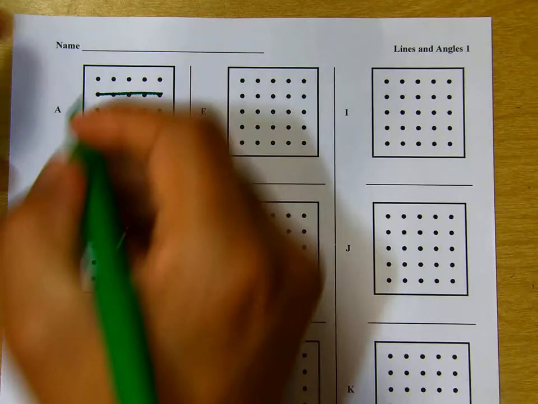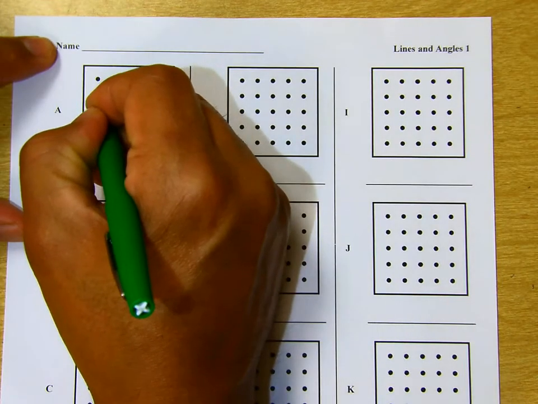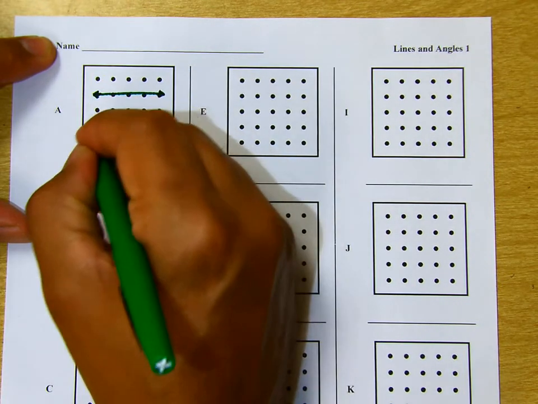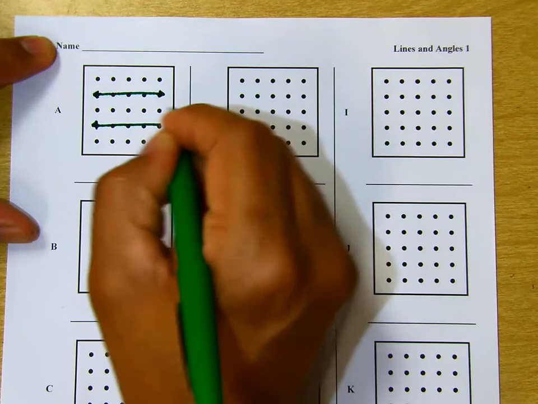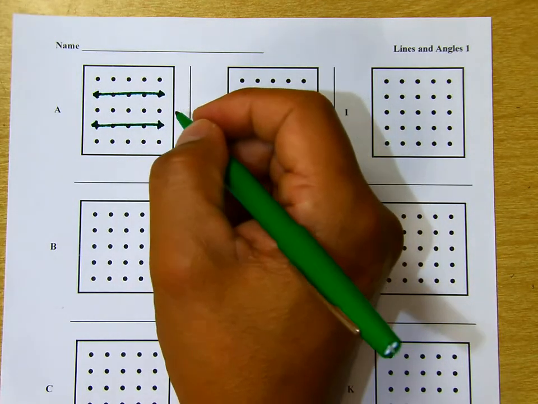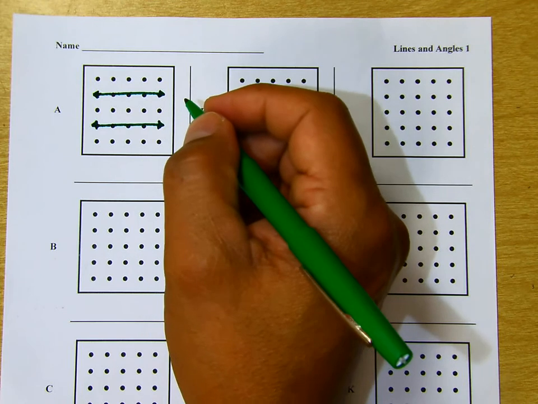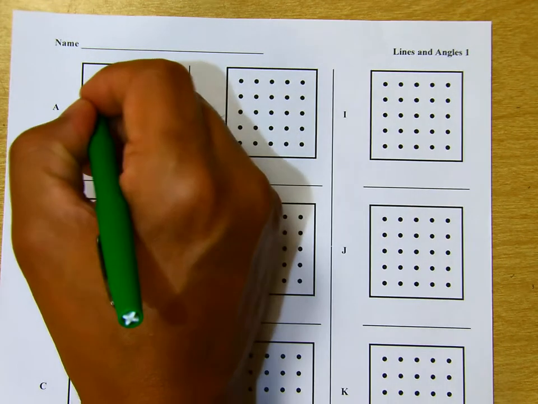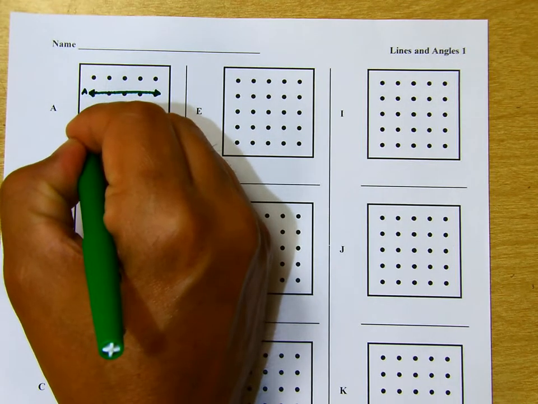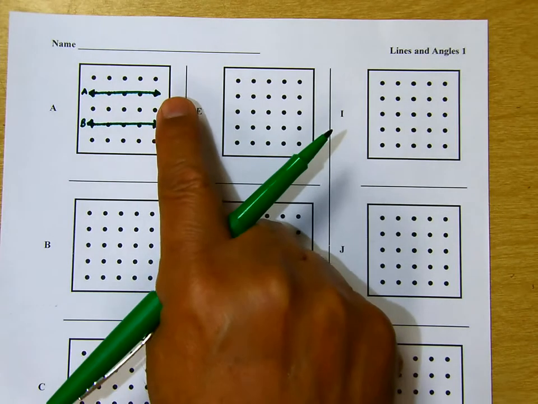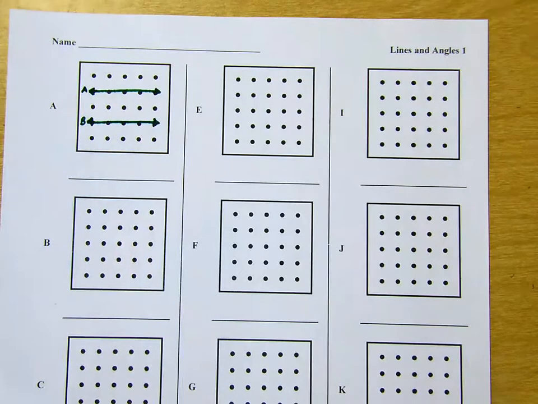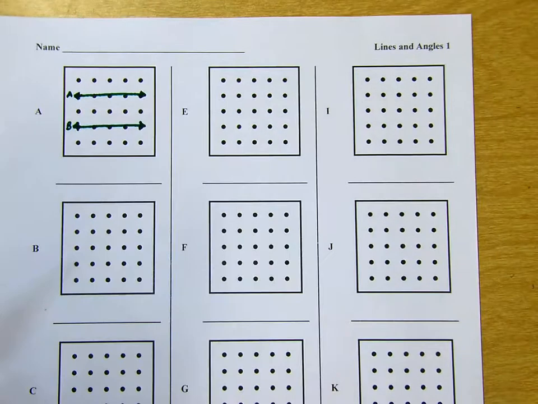So now we're going to name the top one. We're going to put arrows because these are lines, and an arrow at this one. And we're going to name this line, line A. And this would be line B. So line A is parallel to line B. These two are the same distance apart and they don't touch.